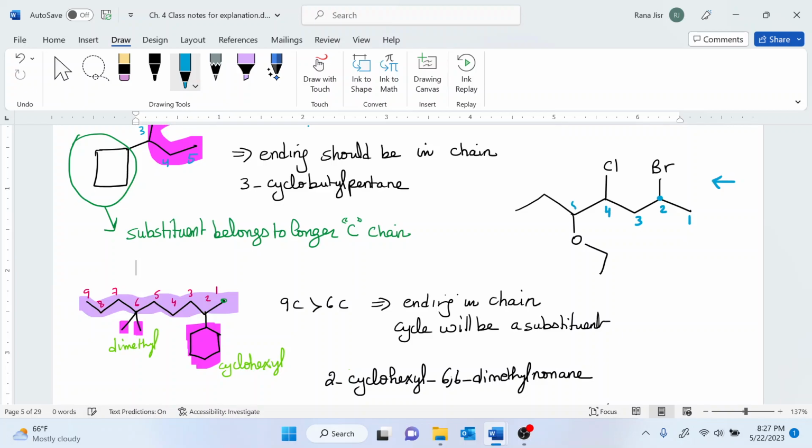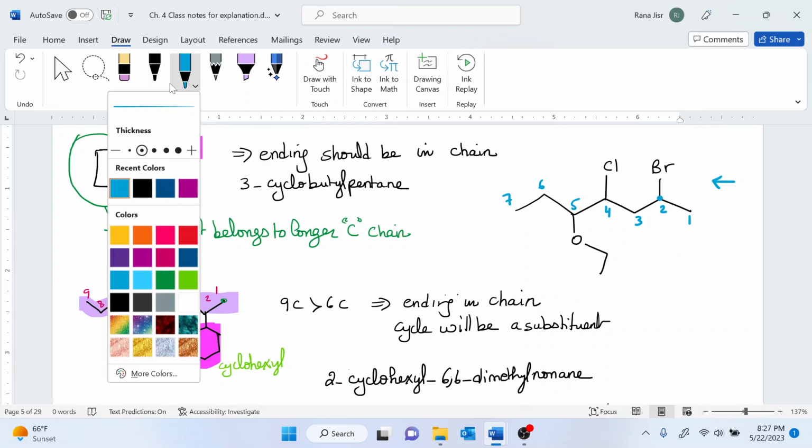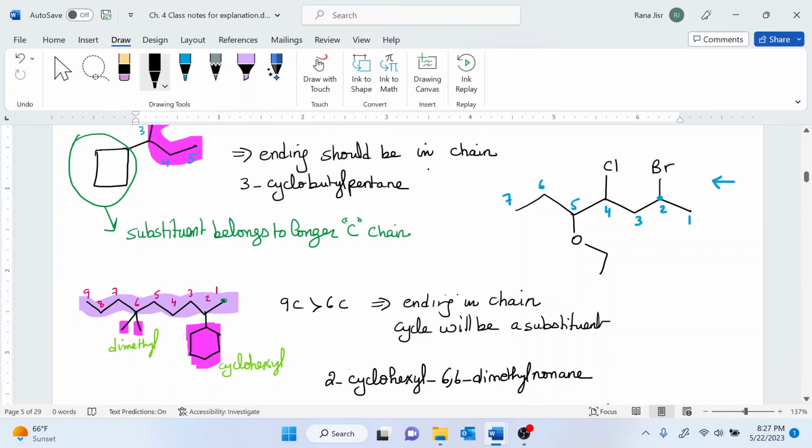This is 4, this is 5, this is 6, and this is 7. And you're going to arrange in alphabetical order. So that is going to be 2-bromo, 4-chloro, 5. It's going to be 2 carbons in there next to the oxygen. So it's going to be an ethoxy. And then it's going to be a heptane.